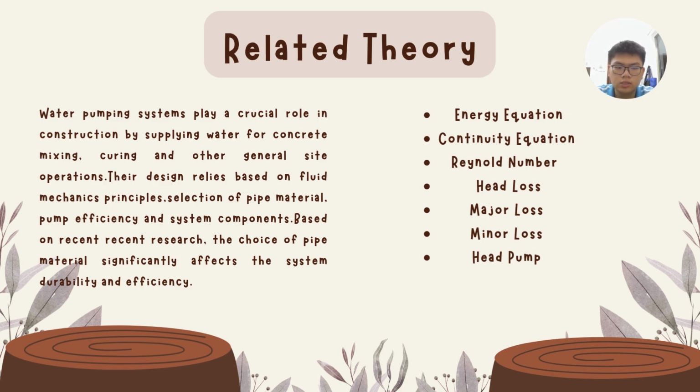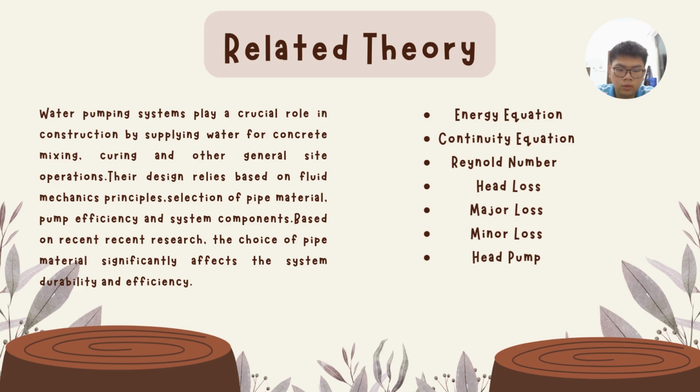The Reynolds number is the fundamental dimensionless parameter for characterizing flow regimes in pipe systems. It can be calculated with the density, velocity, diameter, and the dynamic viscosity of the fluid. Next are the head loss, major loss, and minor loss. These are the losses in the energy equation; the head loss is the summation of the major loss and the minor loss.